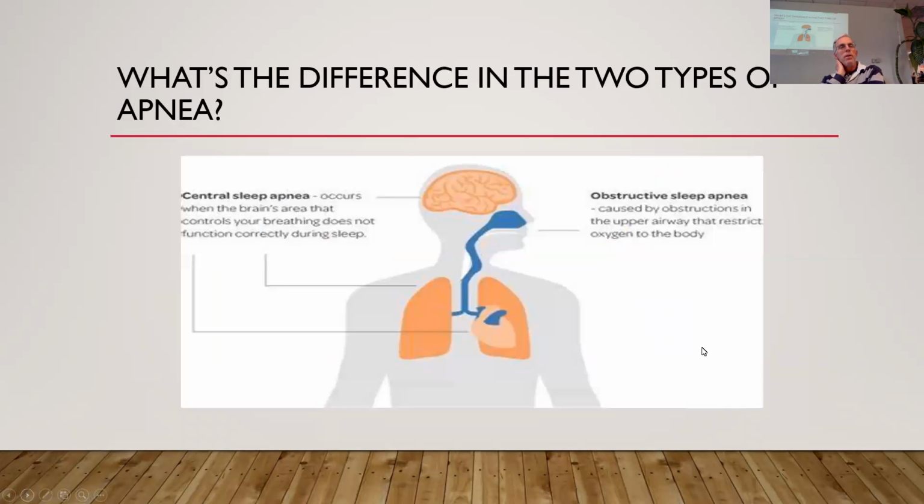Now here's another way of looking at the two types of apnea. Obstructive, of course, means that there is something restricting or blocking the free exchange of air, oxygen, and CO2. It's an obstruction. Central apnea, on the other hand, refers to something lower, on the level of the lungs and the muscles surrounding the lungs and the heart.